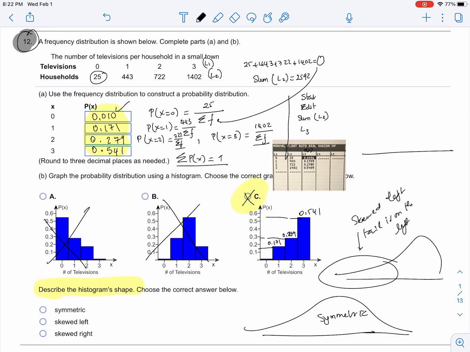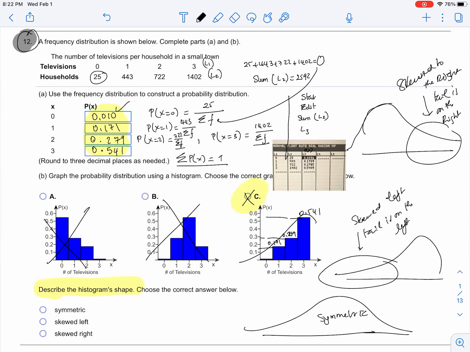And finally, if you have something like this, where the tail is on the right, this is skewed to the right. So when your tail is on the right. So when you look at this, see, your tail is on the left. So this should be skewed to the left.